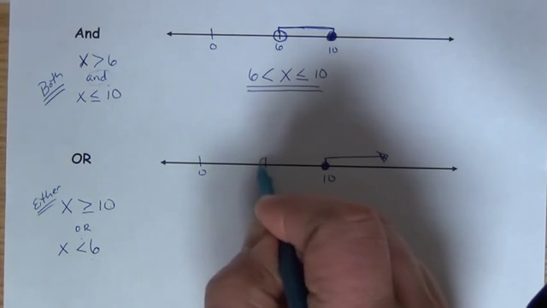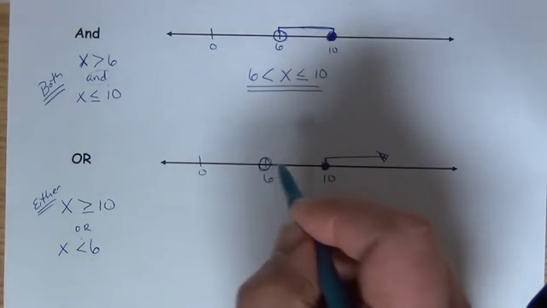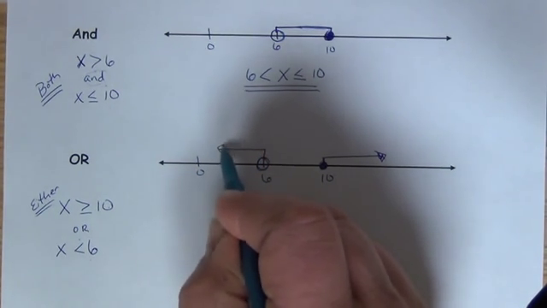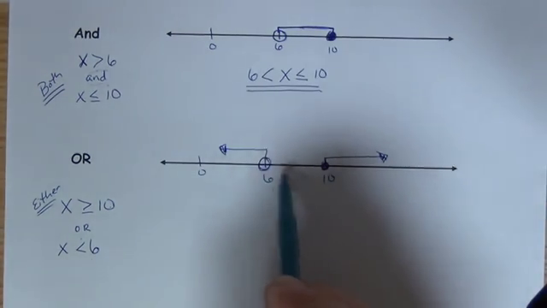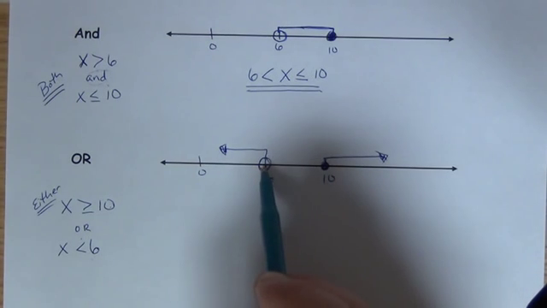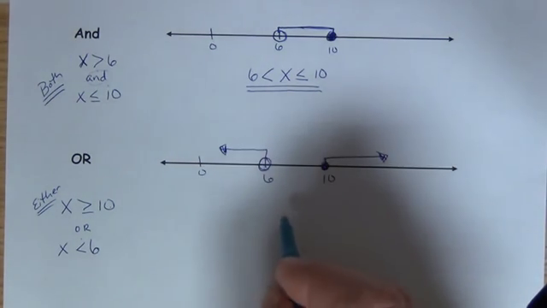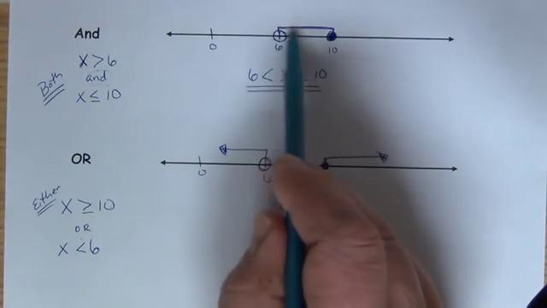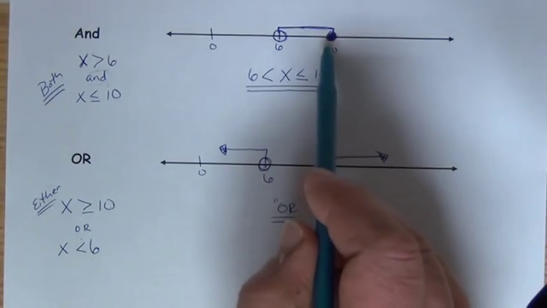Well, here's my 6. All the numbers that are smaller than 6 lie this direction on the number line. So an or doesn't describe an interval. It doesn't describe a closed interval. It describes this interval that goes opposite directions on the number line. And my and will describe a closed interval on the number line.